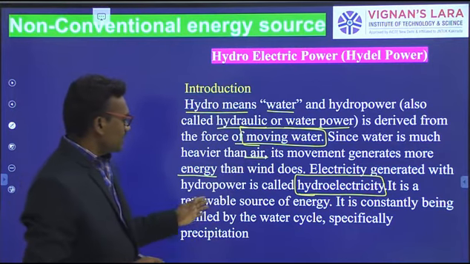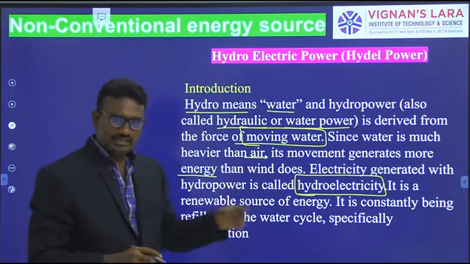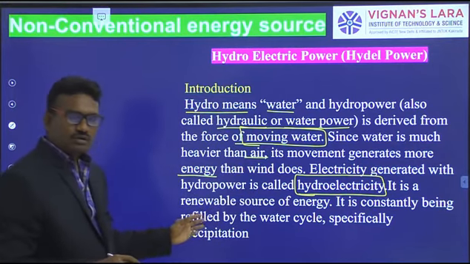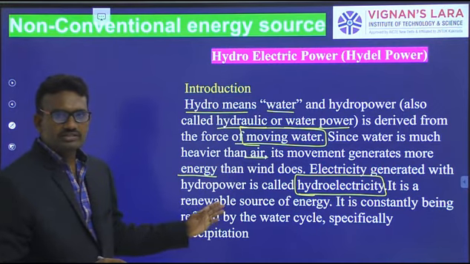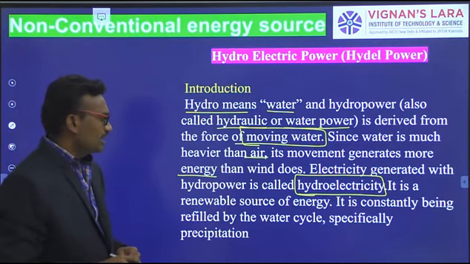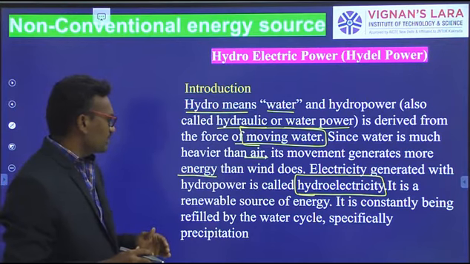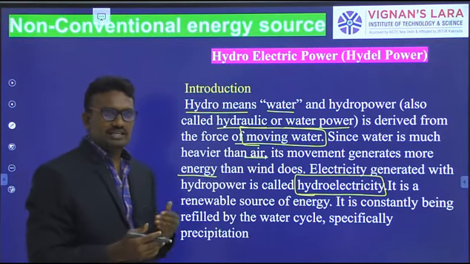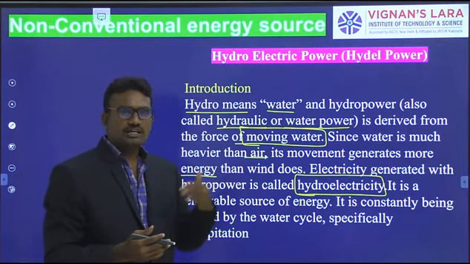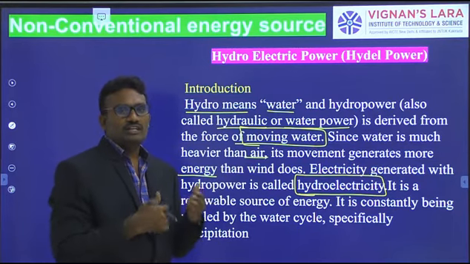It is a renewable source of energy, which means it is a non-conventional energy source. It is constantly being refilled by the water cycle, constantly refilling the water in a dam.